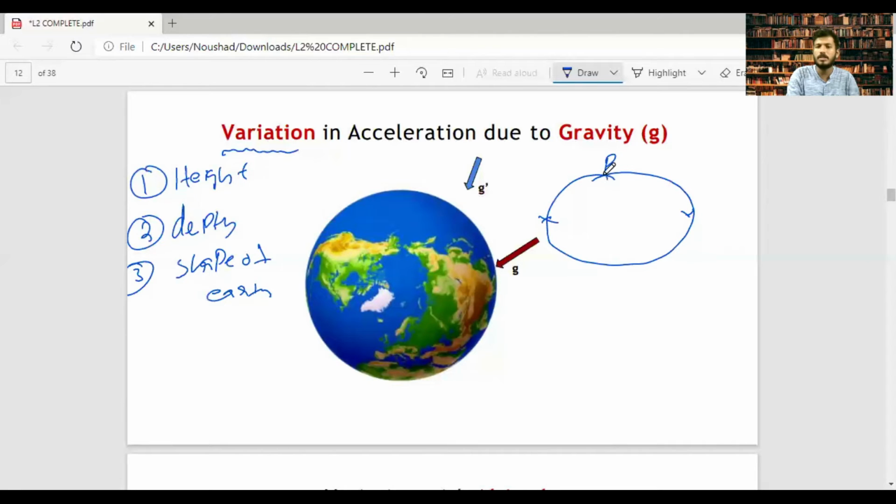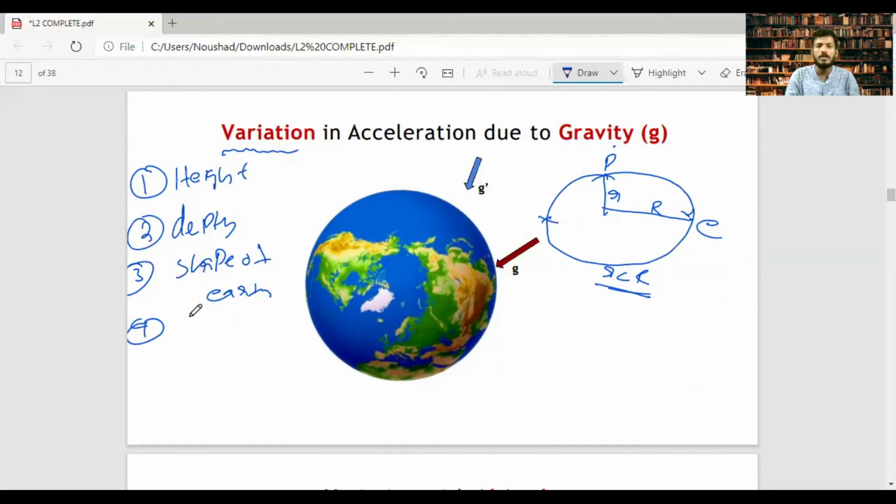At the poles, the distance is R, and the distance to the equator is greater. Distance to the pole is very much lesser and distance to the equator is very much greater. So due to that distance change, there is a change in the value of acceleration due to gravity.